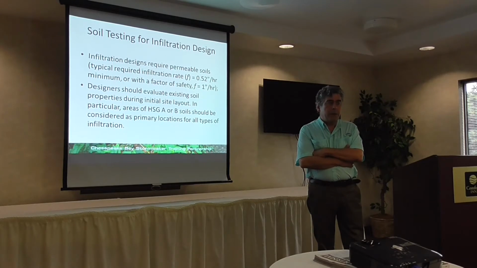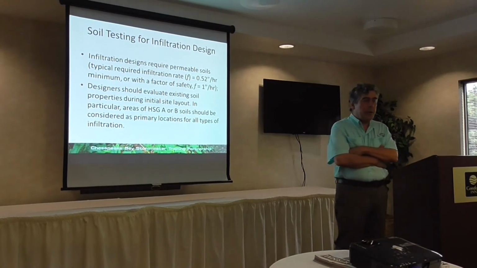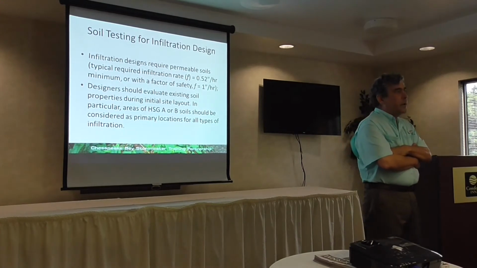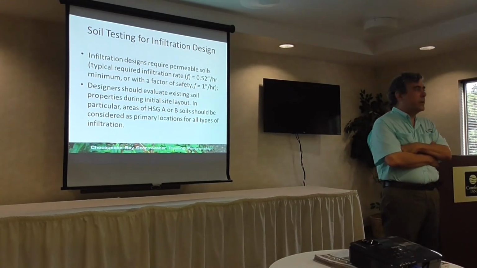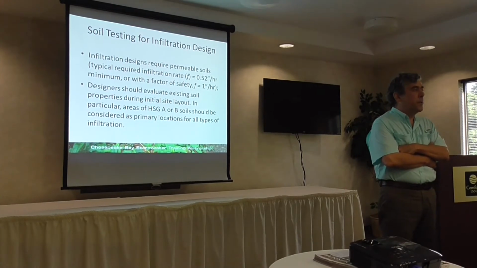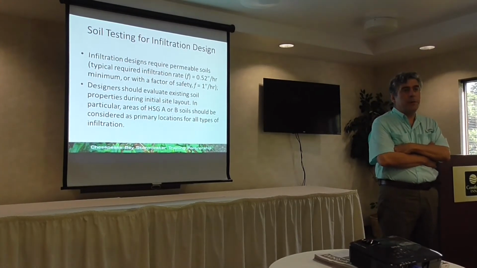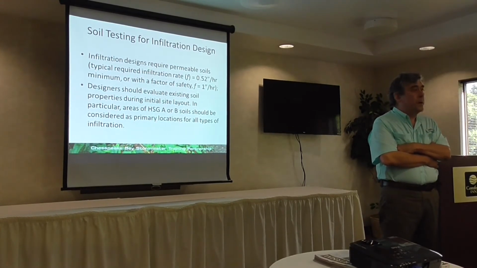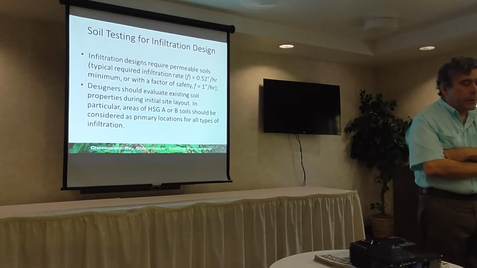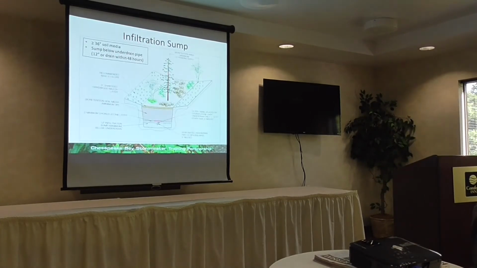Essentially, if you have hydrologic soil group A or B on your site, you're always gravitated to those permeable soils as the location for your stormwater treatment facilities, because it's a lot cheaper to infiltrate than underdrain. So that's the key decision.